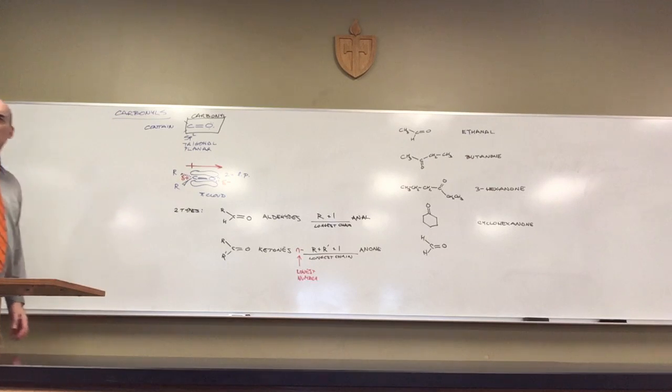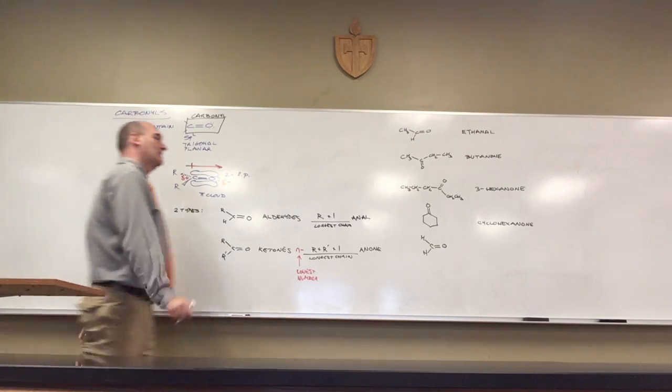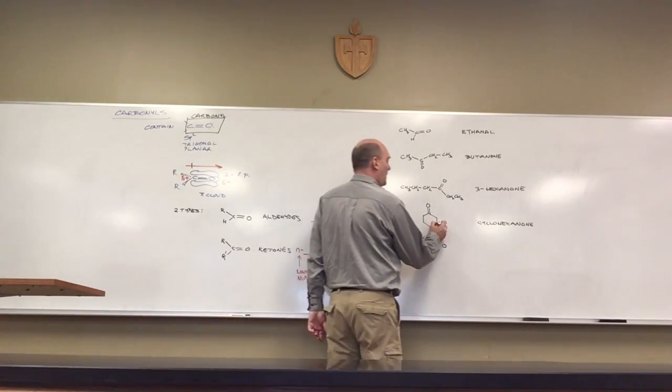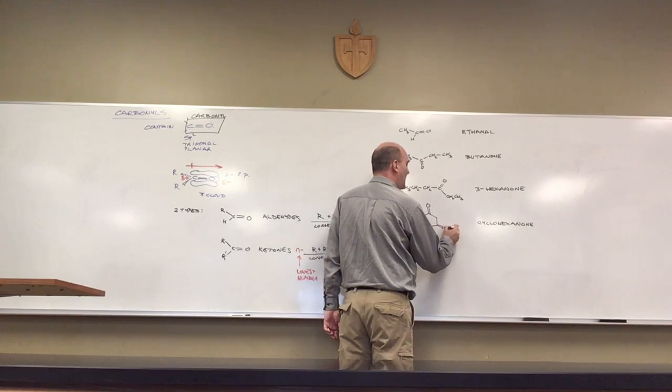What numbered carbon is the ketone at? That's a 1. So I don't need to write it down. Is there ever a time when I would need to write down the number for a cycloketone? How about now?